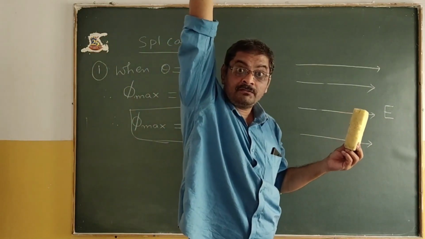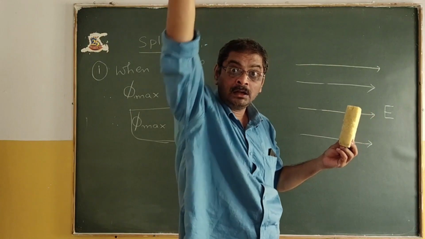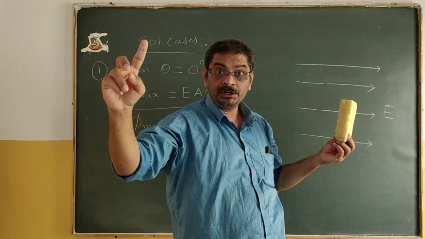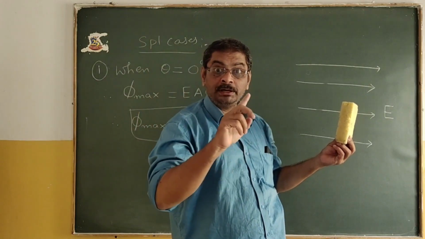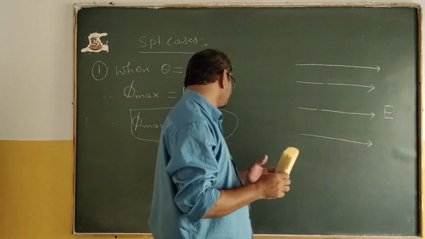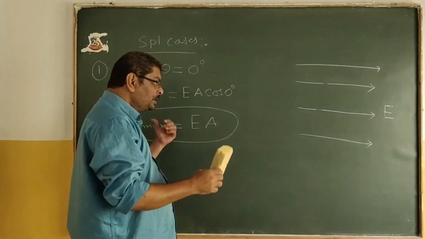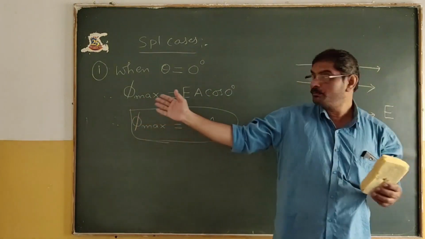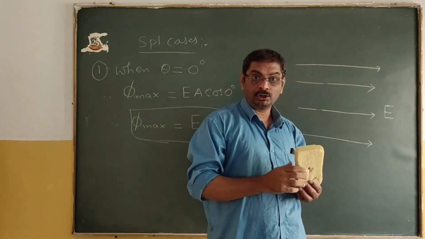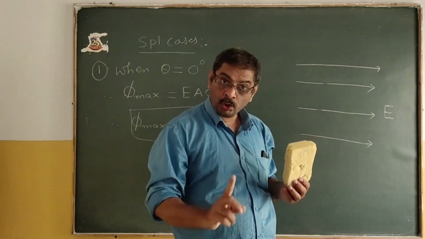That is the reason why the angle between them will be 0 degree. Cos 0 degree will be numerically equal to 1. That's the reason why the electric flux will become maximum, numerically equal to E into A.